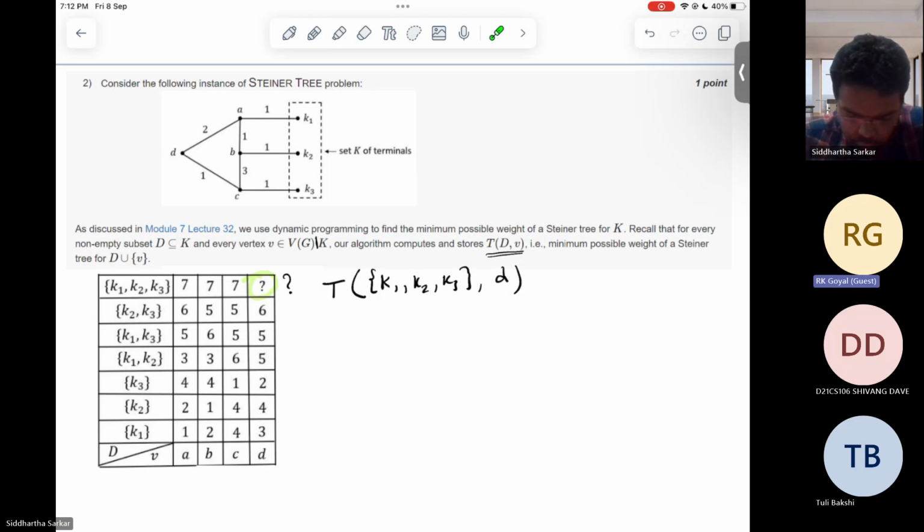So instead of not considering D, better we not consider one of the terminals here. So will it be like T of K1 comma K2 comma D plus something? I do not know the relation. Correct, yeah.